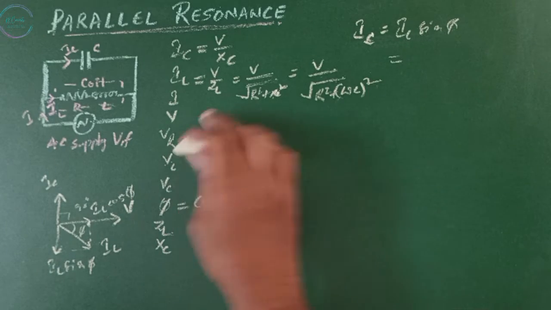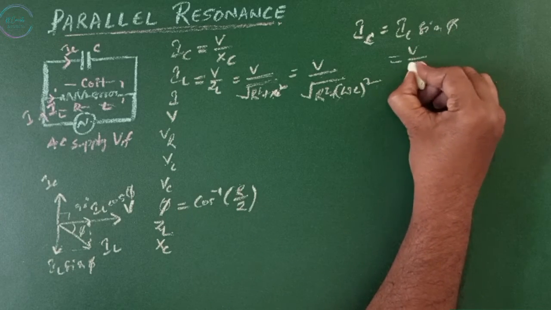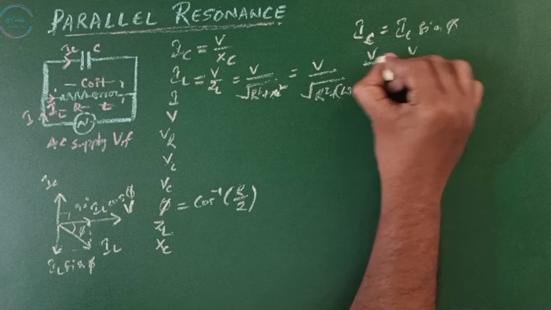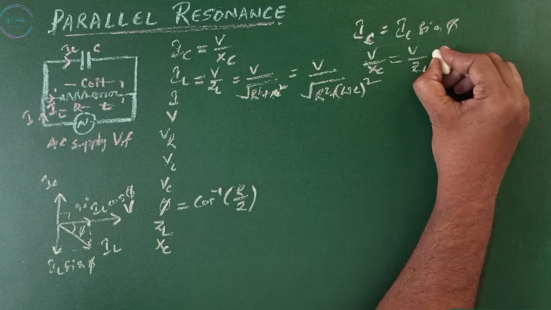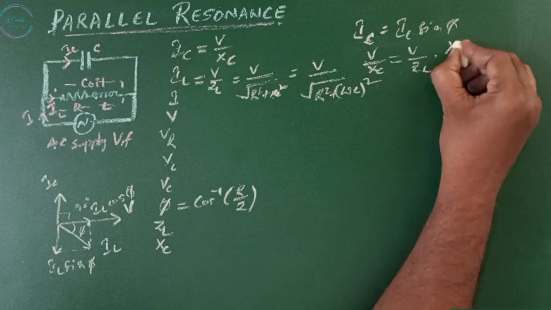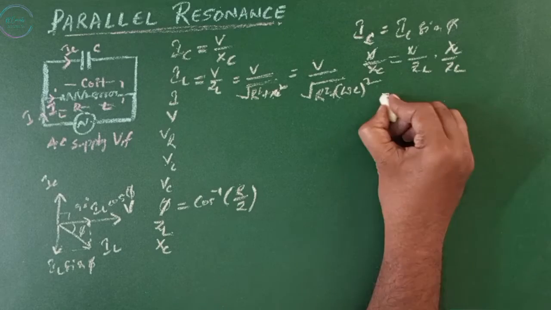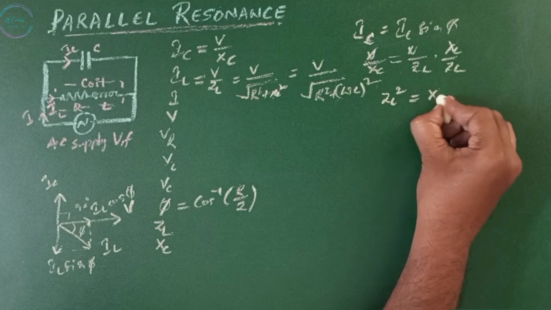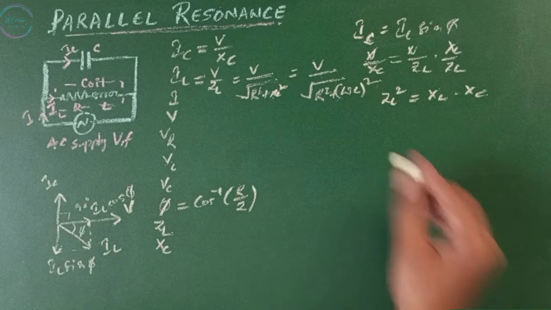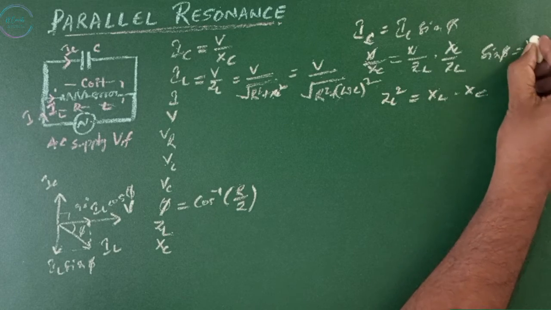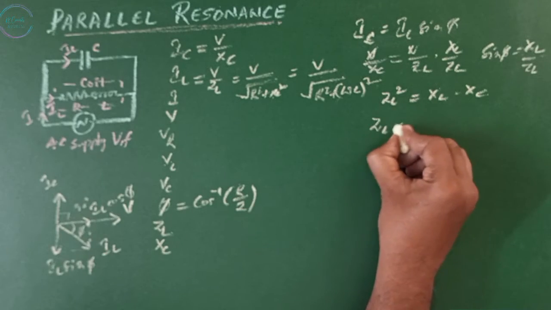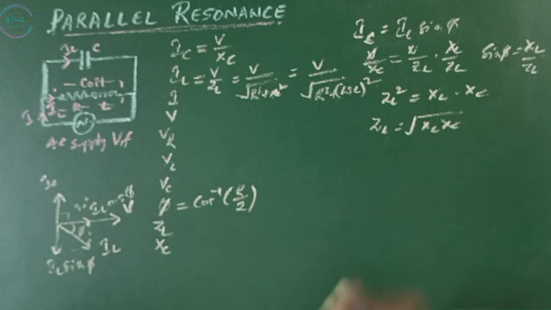Then IL is given by V by ZL, IC is given by V by XC, and sin phi is given by XL by ZL. ZL square equals to XL into XC, where sin phi equals to XL by ZL. ZL equals to square root of XL XC.